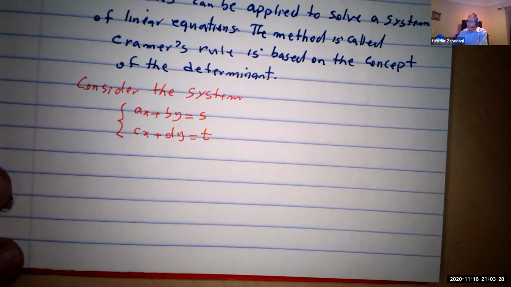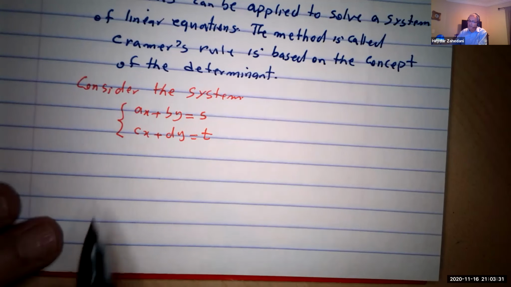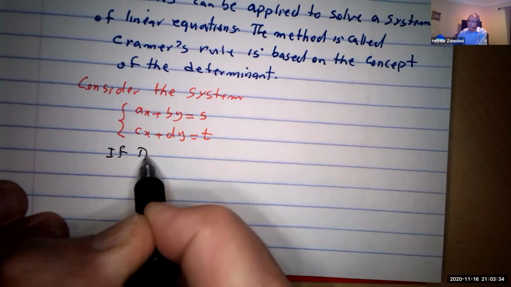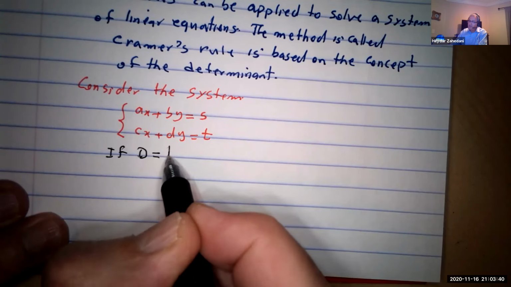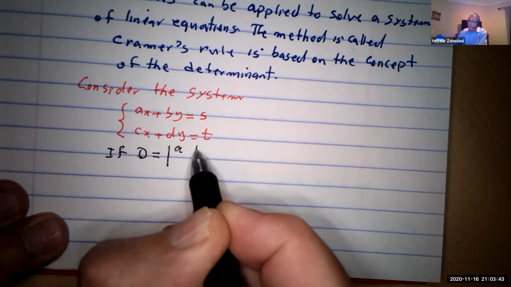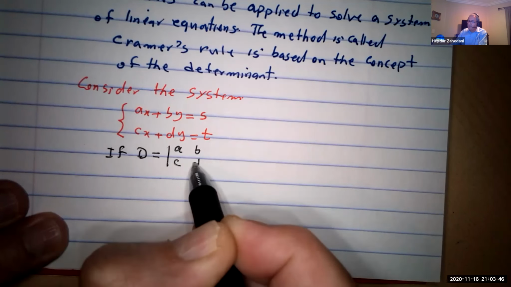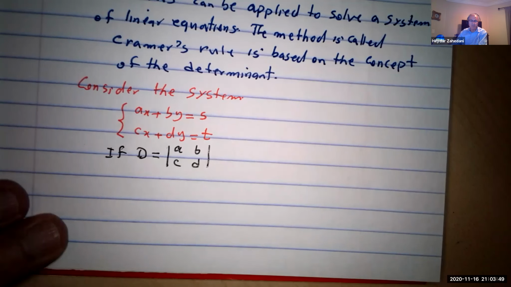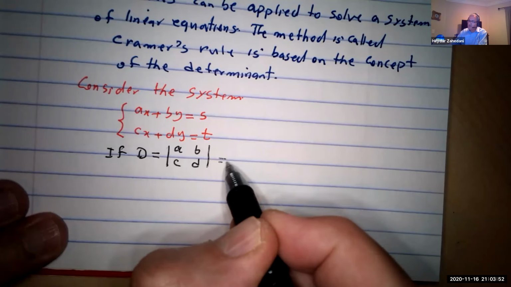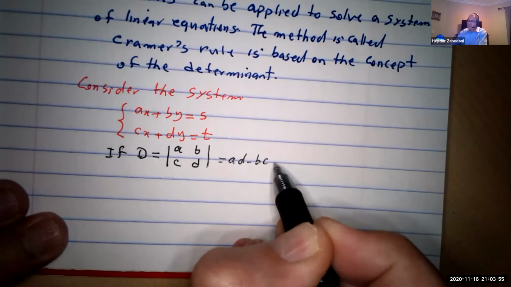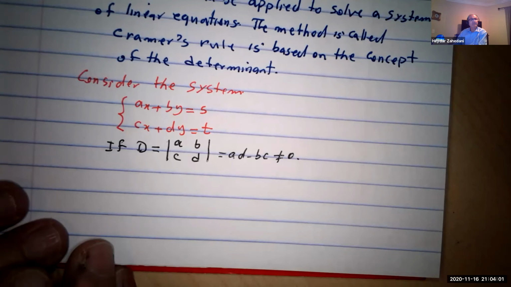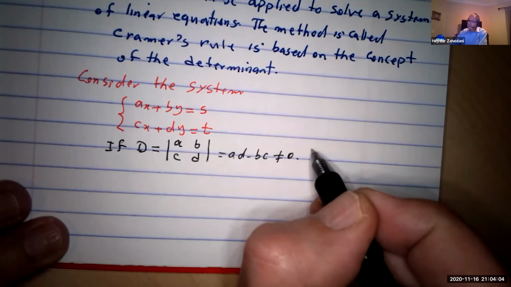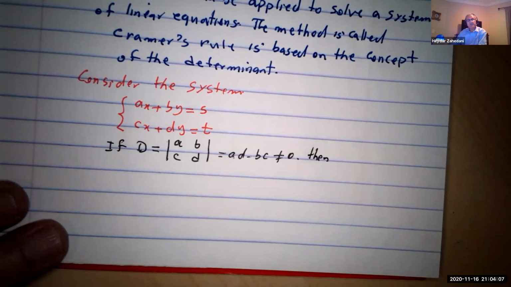Now, let D be the determinant of this coefficient matrix, the determinant of a, b, c, d. You know that this is a 2 by 2, so it's going to be AD minus BC. This should not be 0, because if it is 0, we cannot solve it. If this is the case, then if you use the addition method that you use in algebra, you arrive at this nice formula.